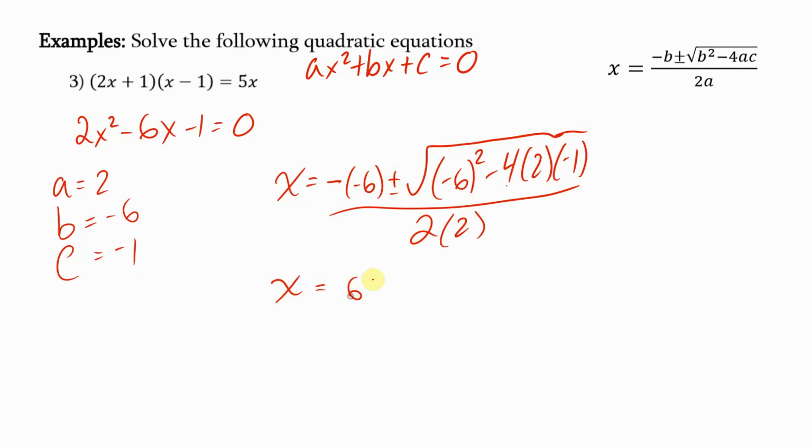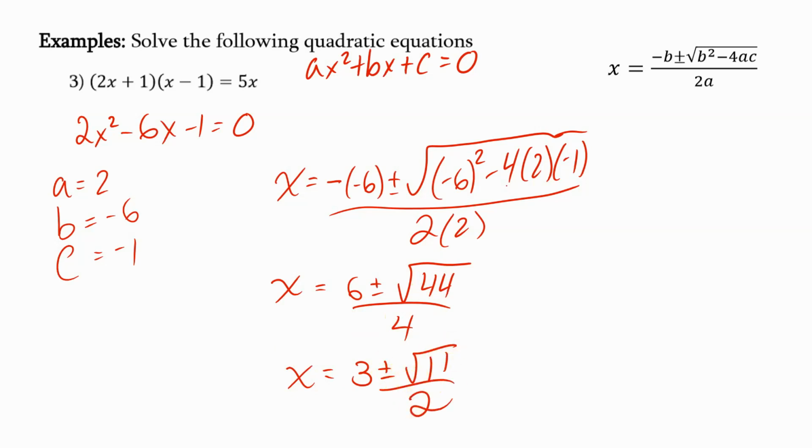Simplifying this gives us 6 plus or minus the square root of 44 all over 4. And we can simplify further to get 3 plus or minus root 11 over 2.